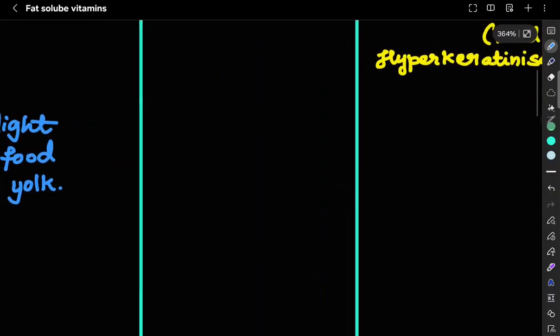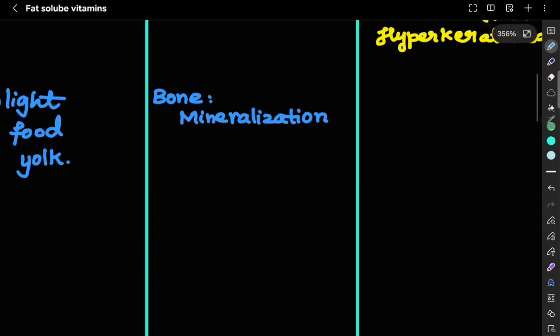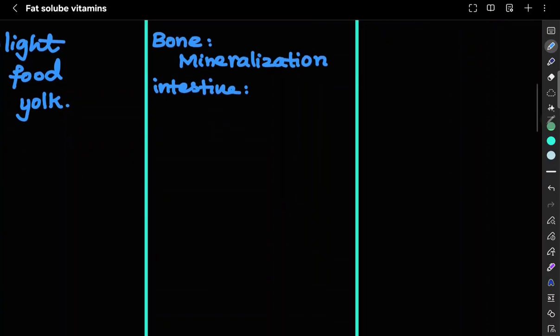Next, what is the function of vitamin D? Vitamin D is related to bone. So remember, in bone, it causes mineralization. Mineralization, that is deposition of calcium in the bones. Increased absorption in the intestine. It leads to increased absorption of calcium.